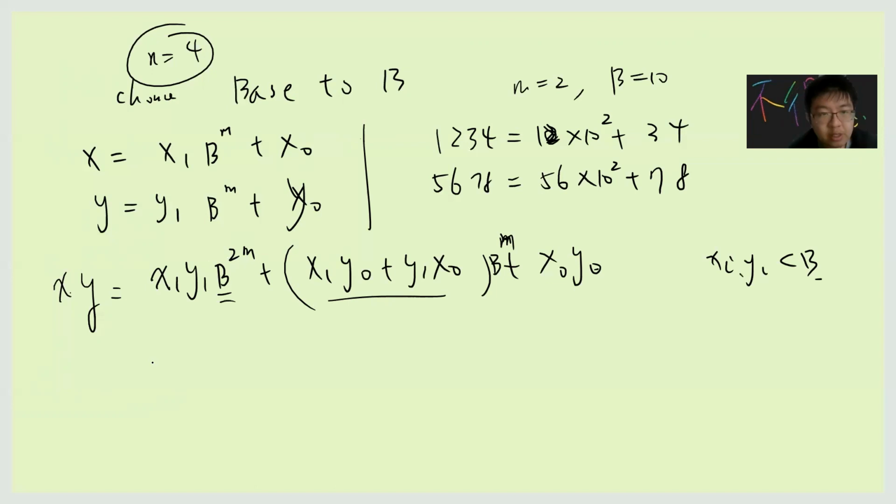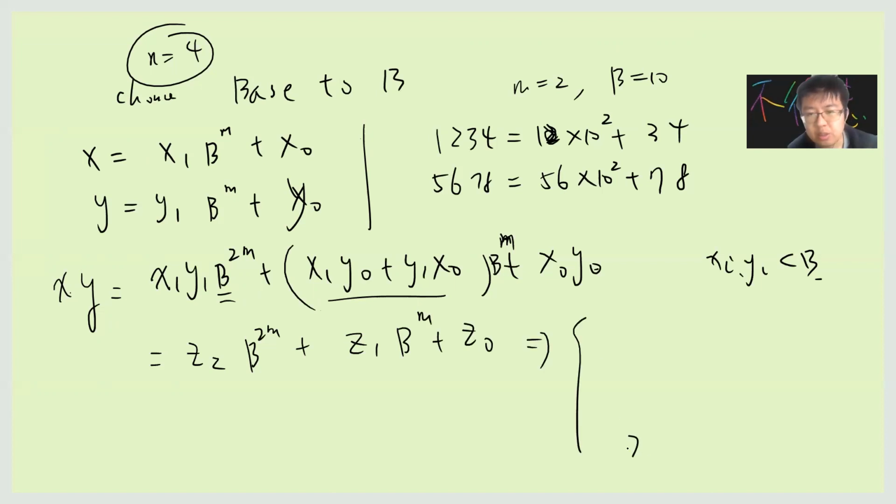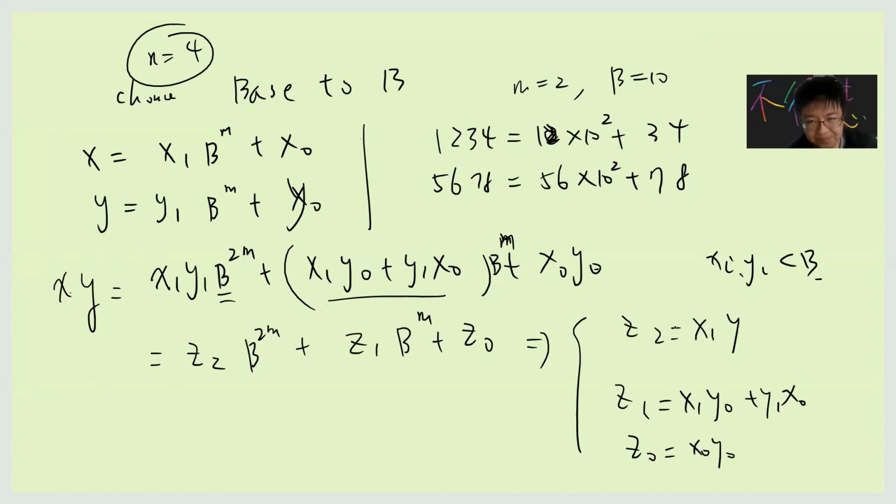You can write this as z2 b^2m plus z1 b^m plus z0, where z0 is x0 y0, z1 is x1 y0 plus y1 x0, and z2 is x1 y1. Naively, if you count the multiplications, you take 4 steps.